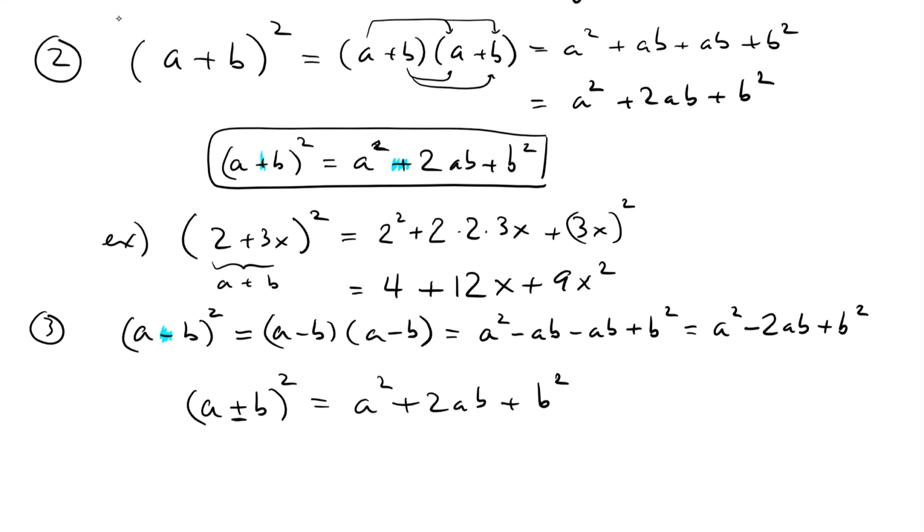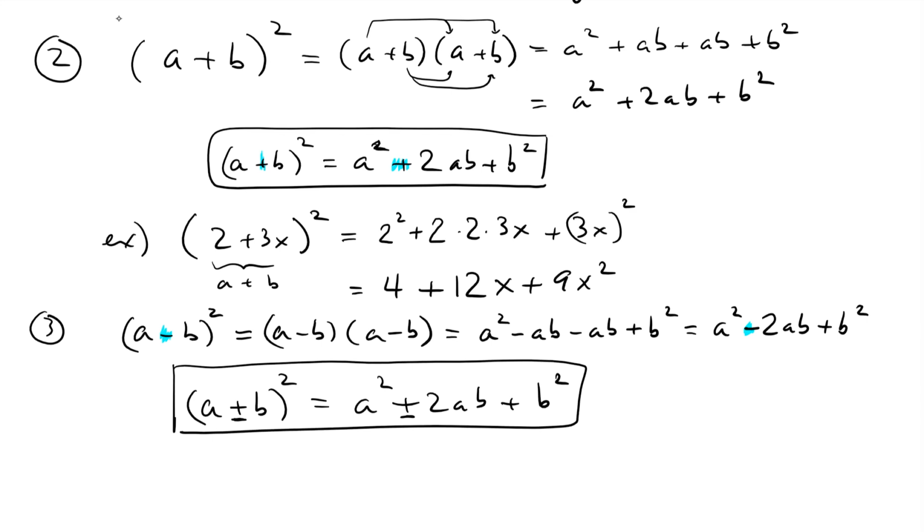When it's a minus here, it's a minus there. So I will put the minus below, like this. So that's a formula that generalizes, that summarizes this one and this one. Okay, star and double star, all at once.